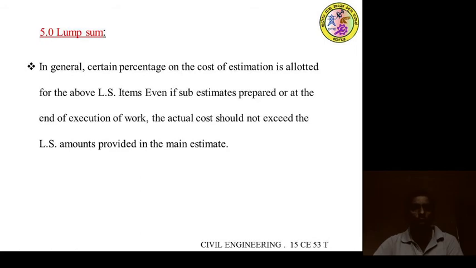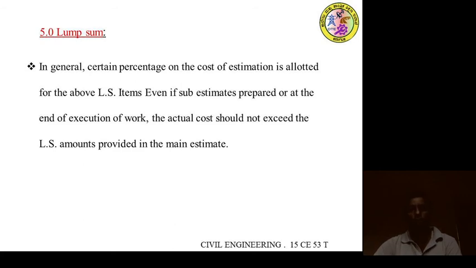In general, a certain percentage on the cost of estimation is allotted for these lump sum items. Even if sub-estimates are prepared, or at the end of the execution of the work, the actual cost should not exceed the lump sum amount provided in the main estimate.